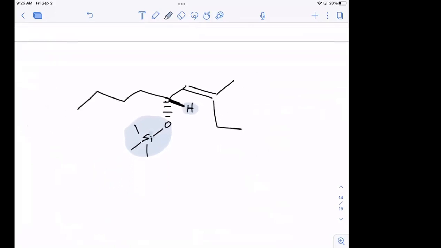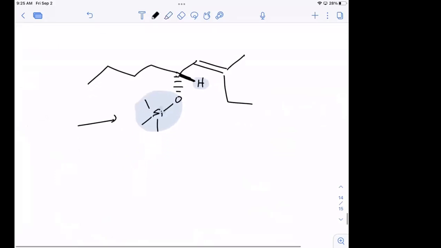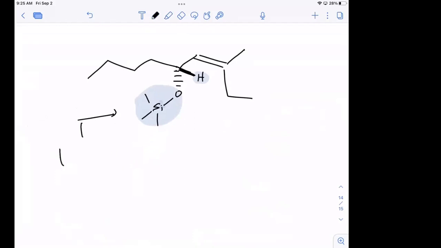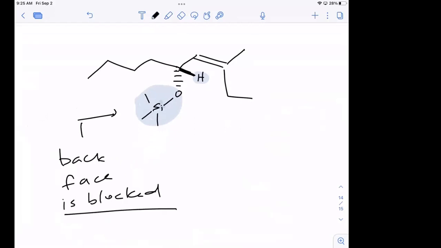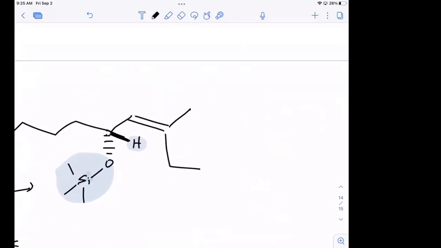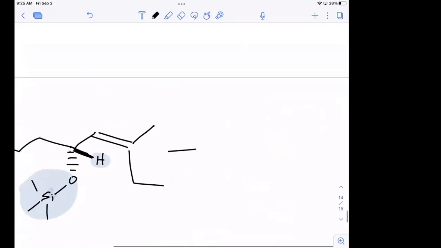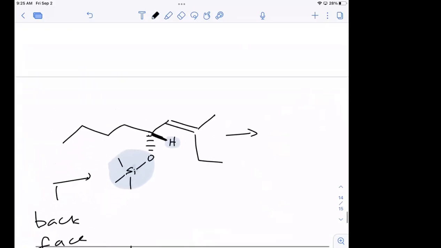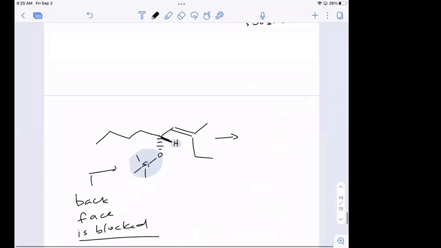So what we have in this case, because of that chiral center being where it is, now that means that the back face is blocked. All right. That means the back face is blocked. So when boron comes in to do the hydroboration step, I'm just going to draw this, let me scoot this over.